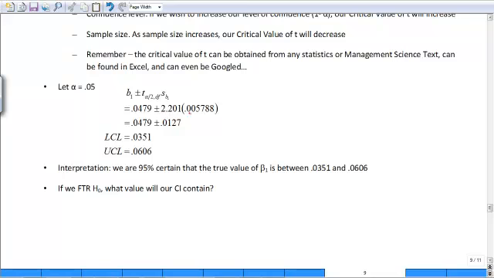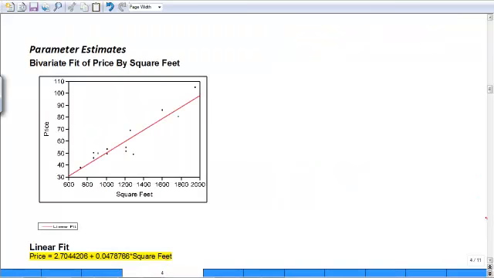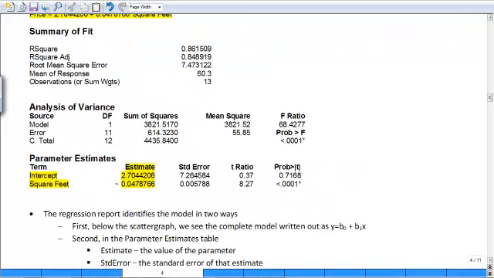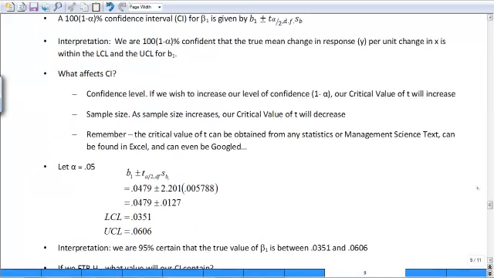And the standard error of the estimate: if we go to our parameter estimates table, we're going to find the point estimate and the standard error of that point estimate for square feet. Put this all together, we end up with 0.0479 plus or minus 0.0127. Lower confidence limit 0.0351, upper confidence limit 0.0606.